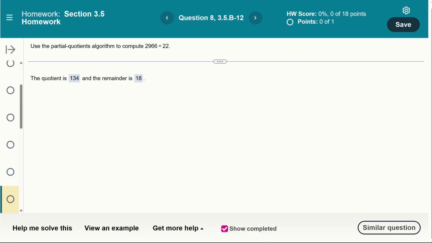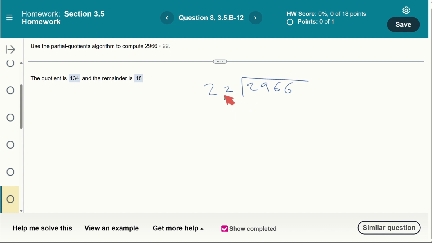All right, here we want to use partial quotients to divide 2966 by 22. We did one of these in the examples, but I thought it would be good to see another example of this. So we have 2966 divided by 22. Now, we just go with what comes very easily to us, right?